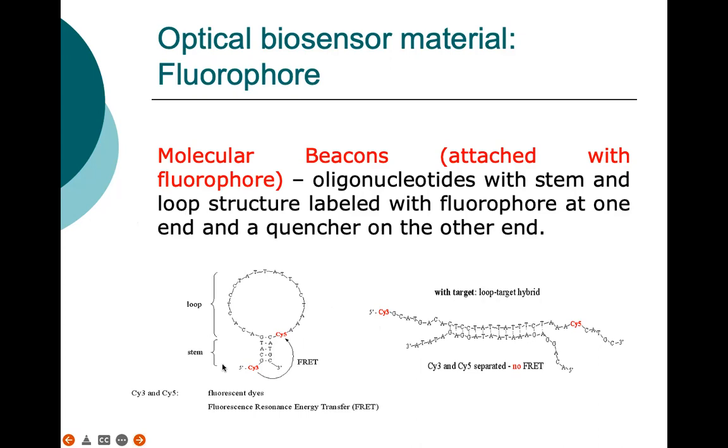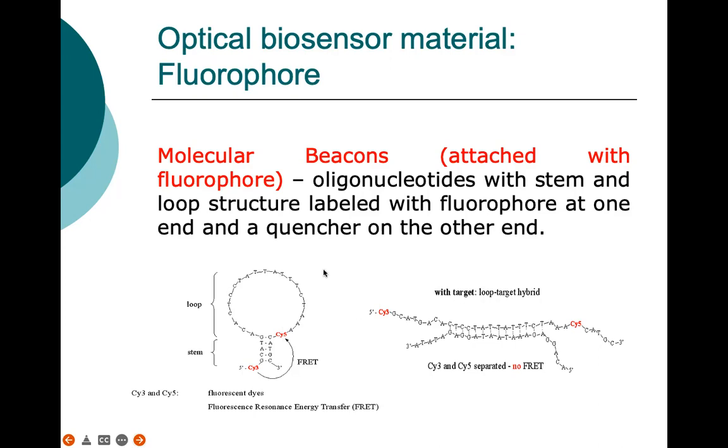It's not DNA, it is what we call a nucleic acid or peptide, a series of nucleic acids in this structure. You can see it has a round shape, and one end of this DNA is attached with a fluorophore, and we also have a fluorophore here. So Cy3 and Cy5 are fluorophores.